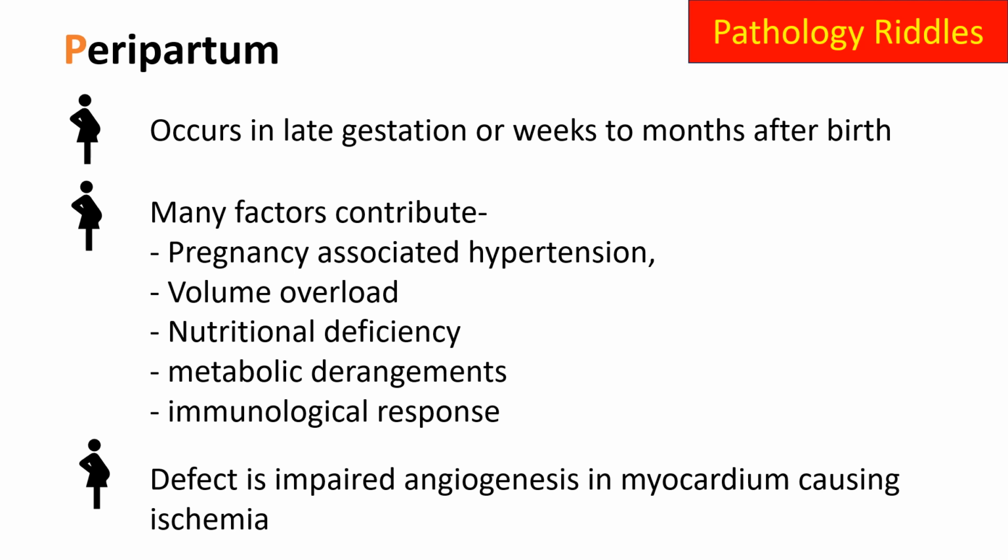Then a lot of nutritional deficiency, because the child is basically taking up a lot of nutrition from the mother. So there can be nutritional deficiency in the mother. Then there can be metabolic derangement or an immunological response. The defect in impaired angiogenesis in the myocardium can also cause ischemia, leading to dilated cardiomyopathy.